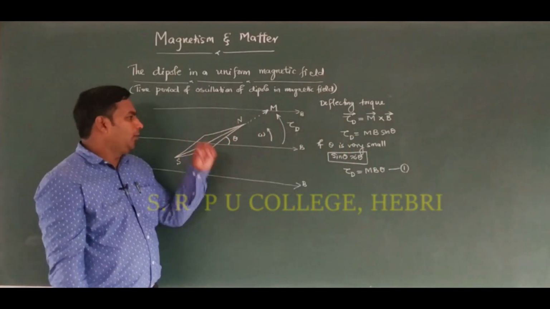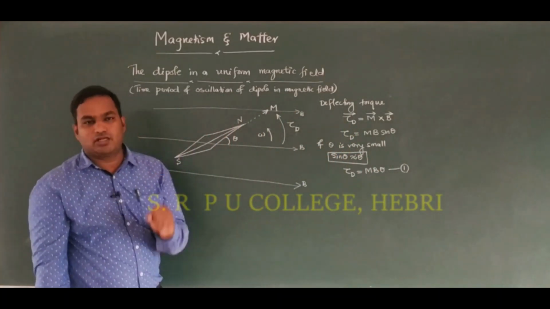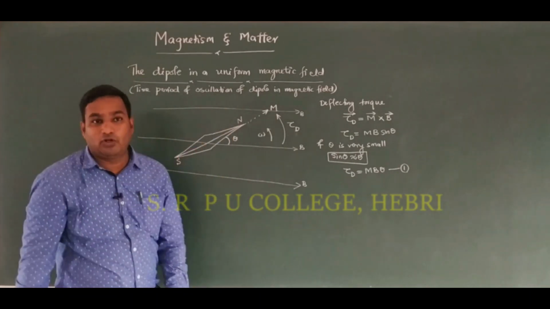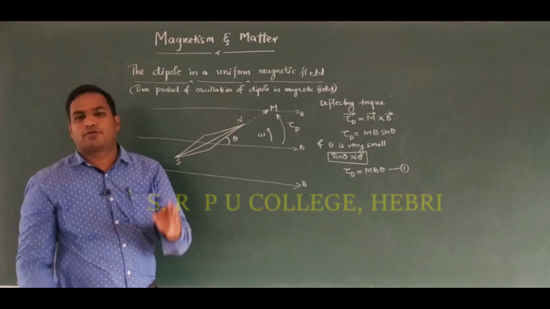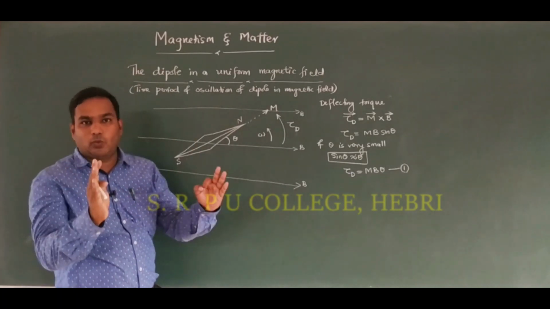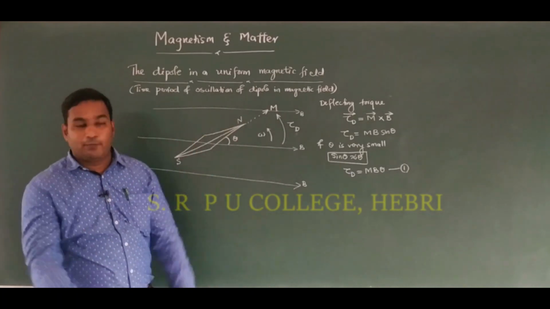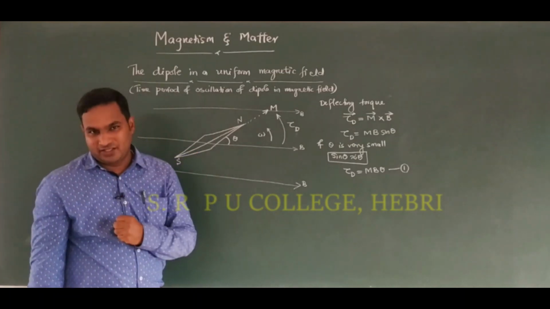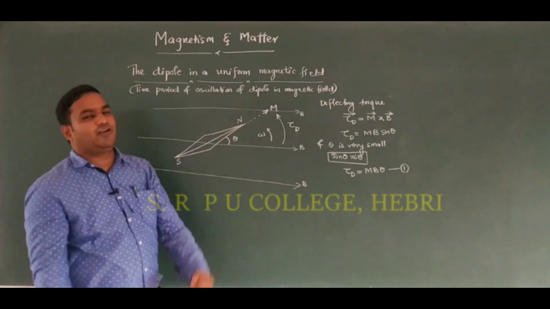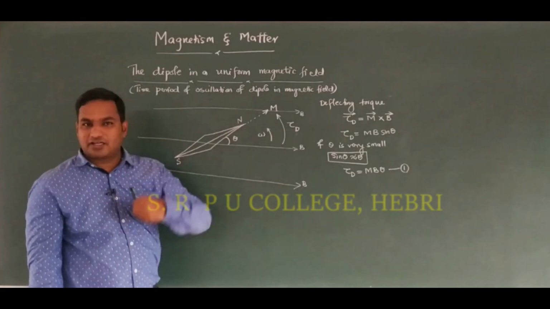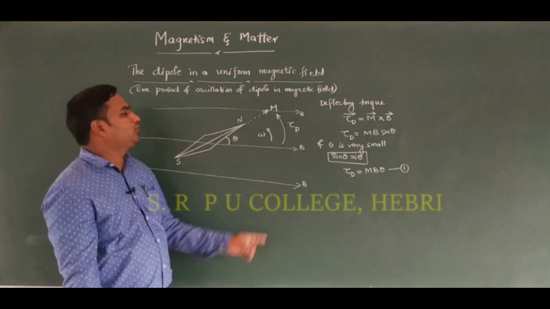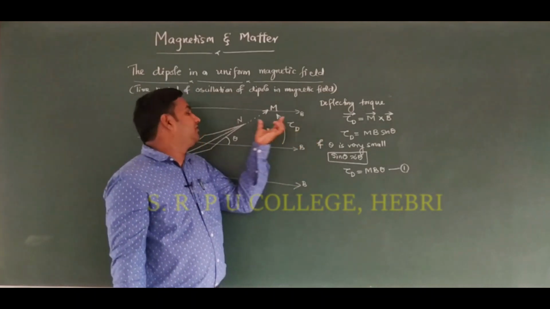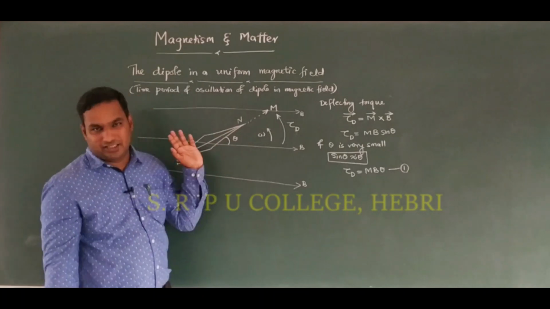Dear student, when a magnetic needle is kept in an external uniform magnetic field, both the north and south pole of the needle experience a force. Both are equal in magnitude but opposite in direction, so the needle experiences a torque. There is a rotational effect created by the magnetic force, which leads to the concept called deflecting torque, depending on a particular angle.